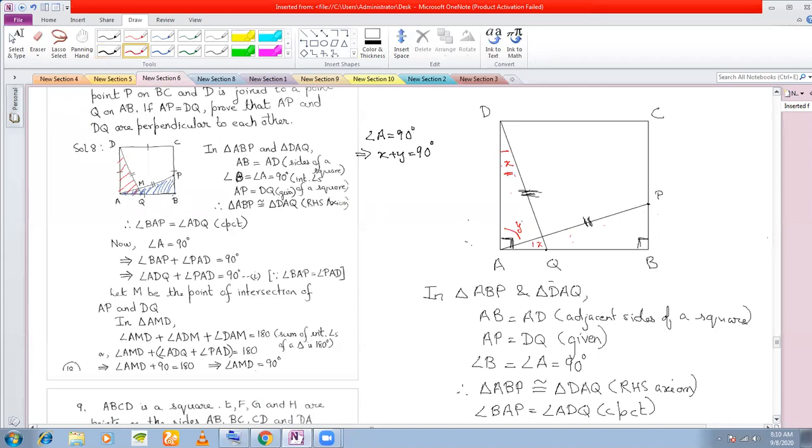And these two angles are the angles of which triangle? This triangle, right? Triangle ADQ.